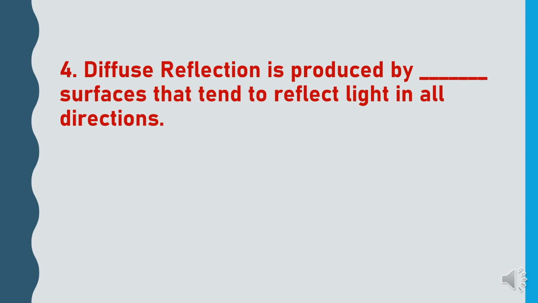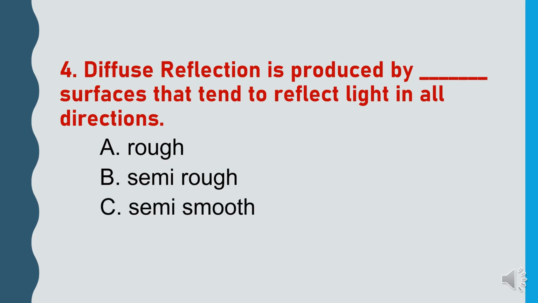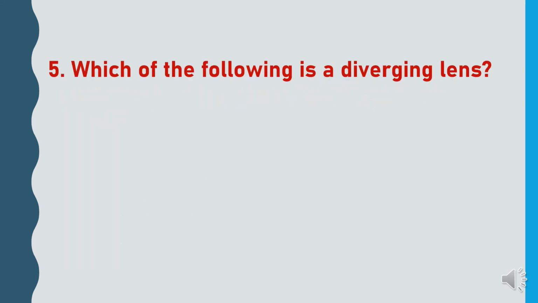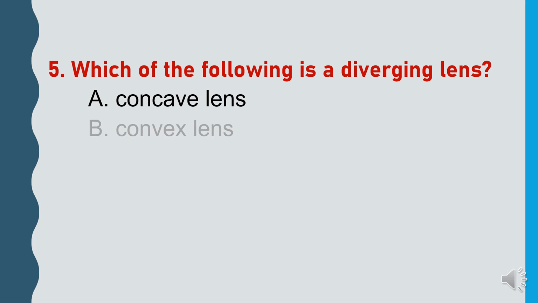4. Diffuse reflection is produced by blank surfaces that tend to reflect light in all directions. A. Rough. B. Semi-rough. C. Semi-smooth. D. Smooth. 5. Which of the following is a diverging lens? A. Concave lens.